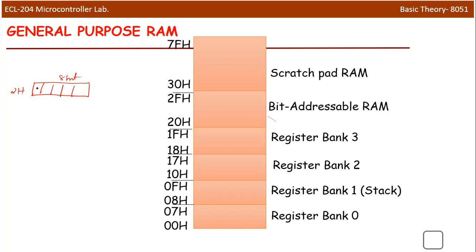Okay, so just like you are putting some chair numbers 1, 2, 3, 4, etc., you can address each bit in this particular memory. That is not possible in the case of other locations. In other locations there is no bit addressable concept. Only the memory location is addressable. Okay, we'll see later.